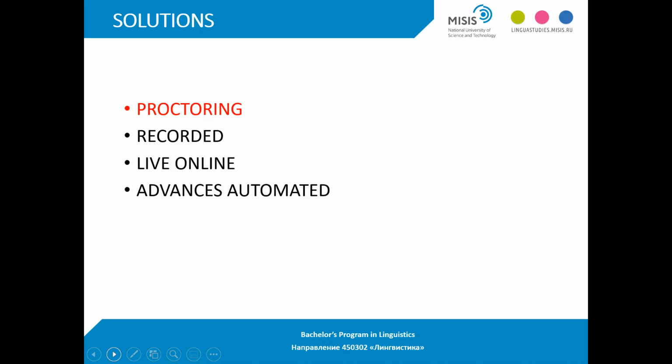So advanced automated is the highest level of possible proctoring technology, but as I said, this is not that widely used so far, and not used at all in language testing.